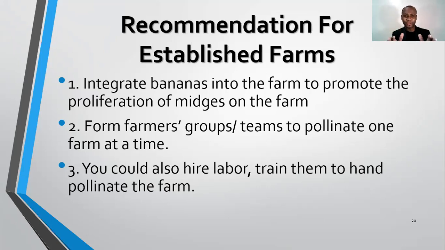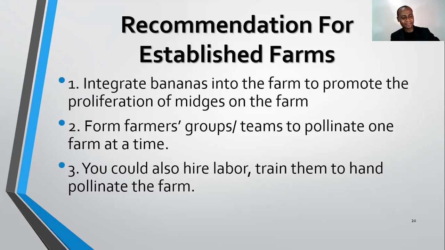But if you are running your farm as a business, then understand that business is about investing and getting return out of it. So if you put in 3,000 and you can get 50,000 out of it, is it a good deal? The answer is yes. You get the point?